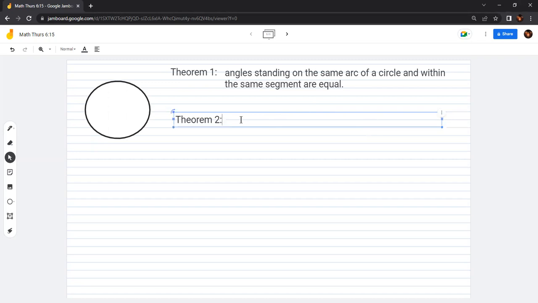So with theorem 2, it shows that if I have two angles, one angle extends onto the circumference and one angle going towards the center.